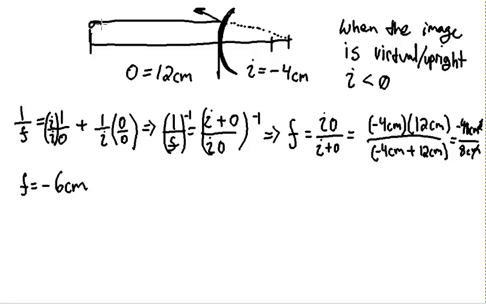Let's see, if I had one coming straight on towards it, it would bounce back going away from it, and it would appear as if it emerged from this point. And then let's see, -6 over here, so 6 over here.